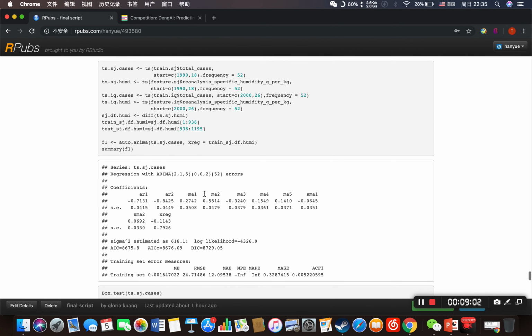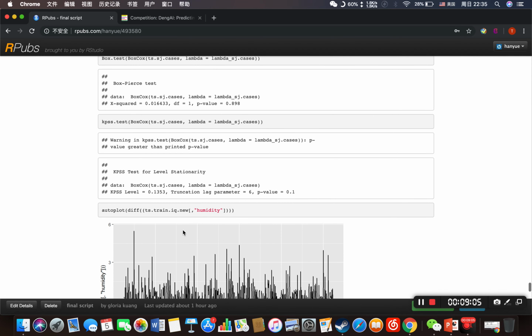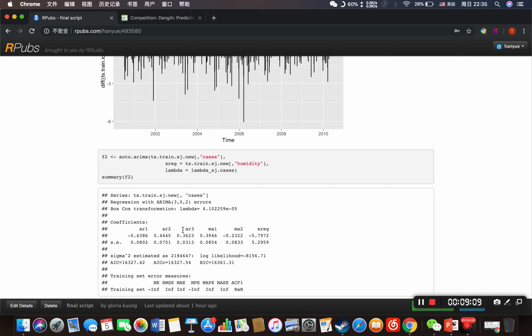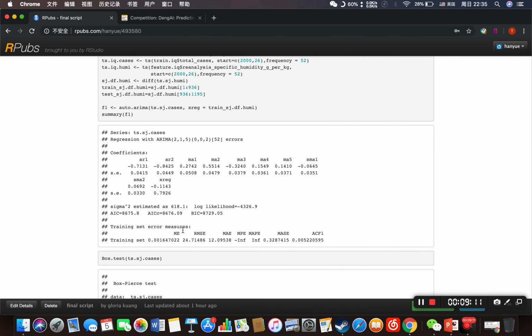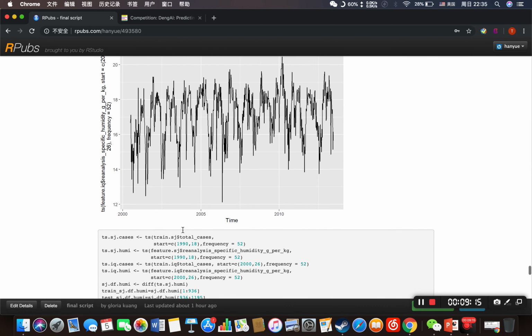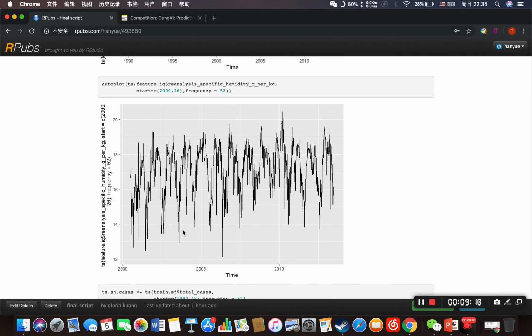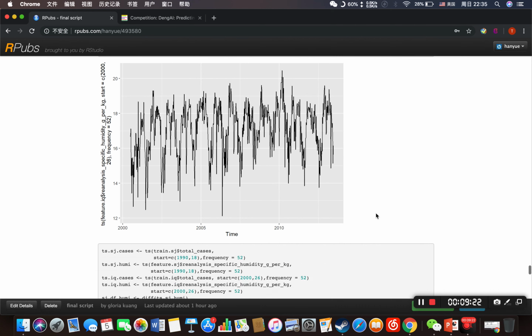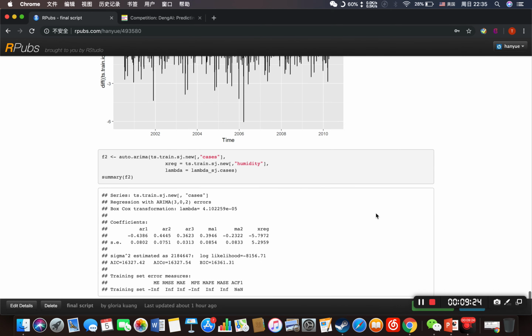So for the differenced data, and for the Box-Cox transformation, I'm stuck there. I have no idea how to perfect the code for my models, and I'm going to leave these questions to you guys. Maybe you can help me find a solution.